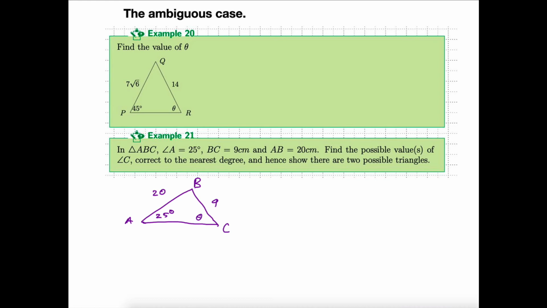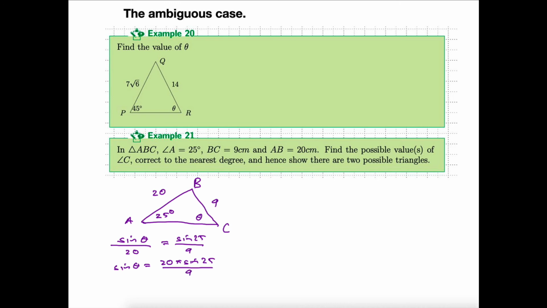All right, so just brute forcing it, sine theta on 20 is equal to sine 25 on 9, and no special angles this time. So sine theta would equal 20 times sine 25 divided by 9.